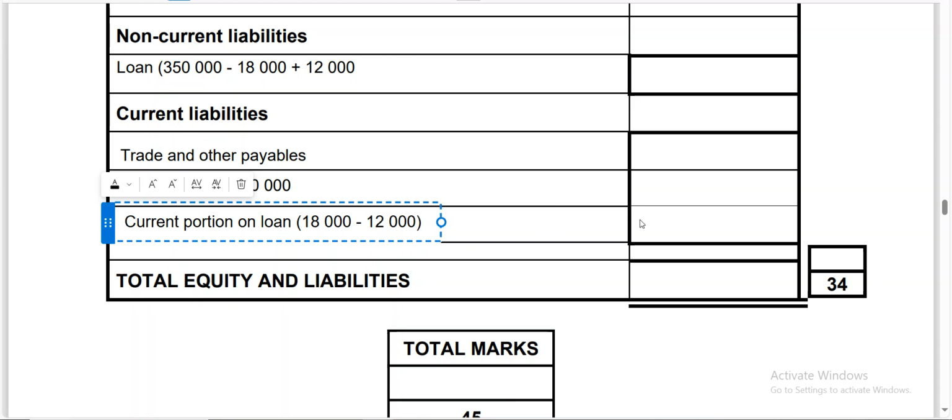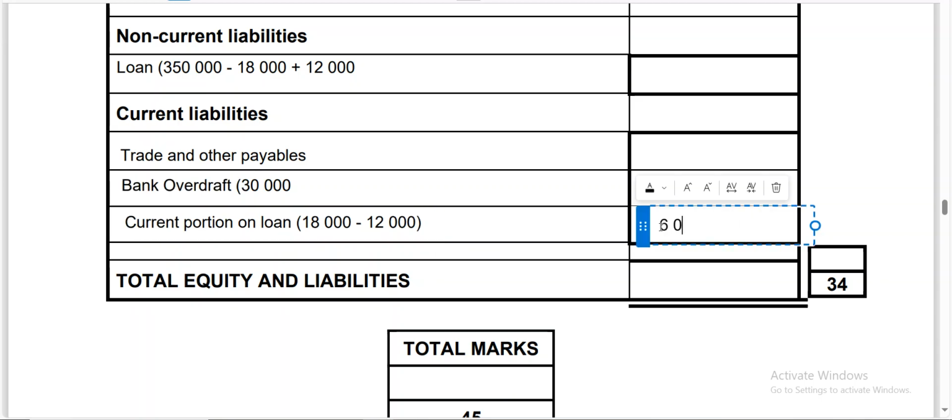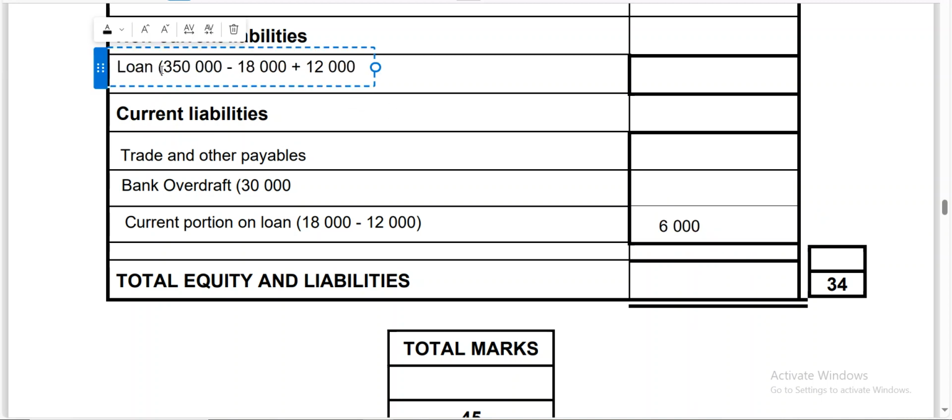So that 6,000 will come here as a current portion on loan. And then remember, we were firstly supposed to work out the closing balance. So I'm going to close this and then subtract that 6,000 of the current portion. Okay, and then you will get full marks for this.